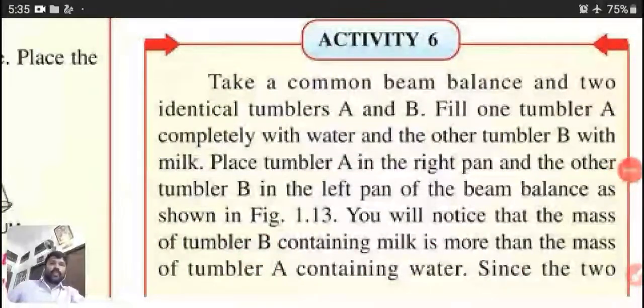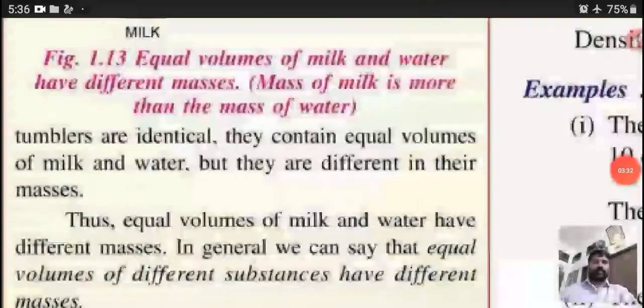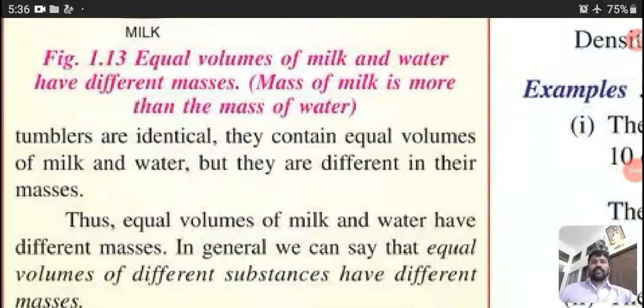You will notice that the mass of tumbler B containing milk is more than the mass of tumbler A containing water. Since the tumblers are identical, they can contain equal volumes of milk and water, but they are different in their masses.